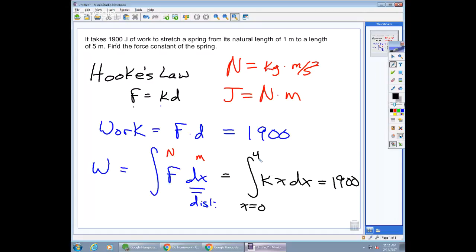And so what we need to do for this problem then is come up with an antiderivative and then set it equal to 1900 and solve for k. So let's just do that quick and give us an easy warm up.